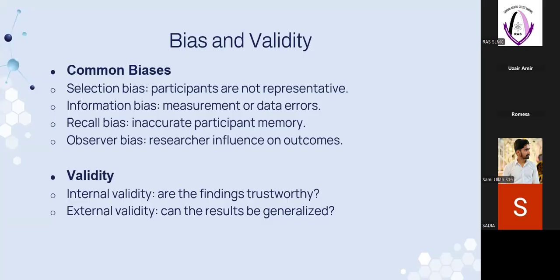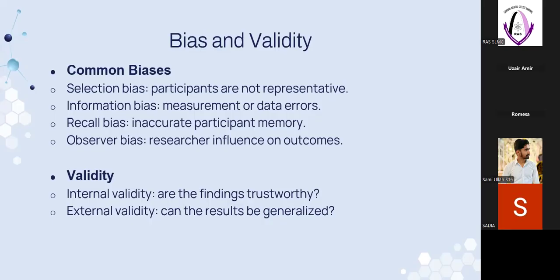Now, observer bias. Basically, the researcher influences interpretation. Let's say I'm a researcher and I'm expecting high stress among medical students because I myself am a medical student. I know there is a lot of stress in our field. So when I was calculating and evaluating my data, unknowingly, I was actually also, you can say, engineering it.